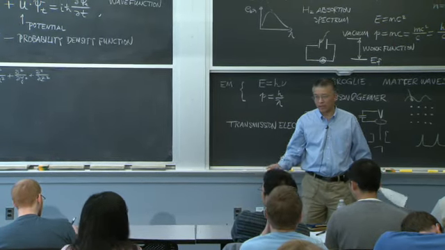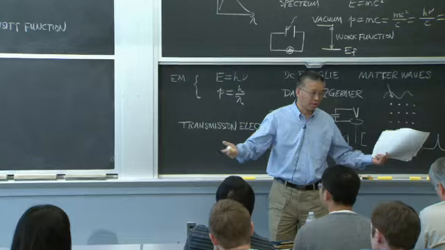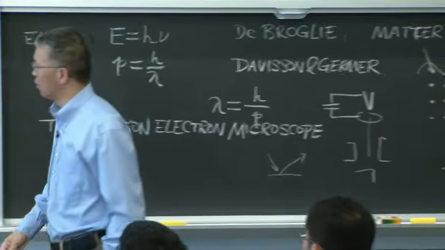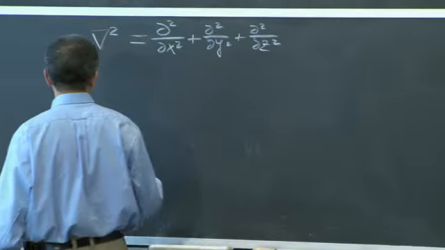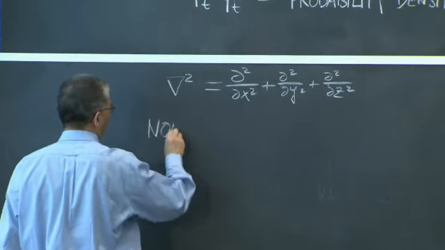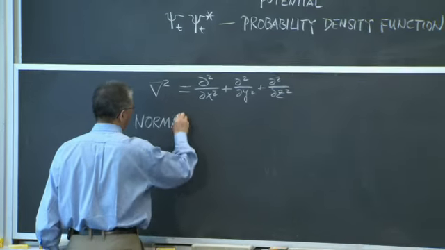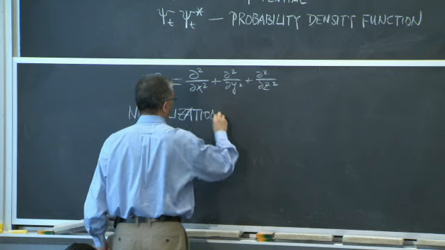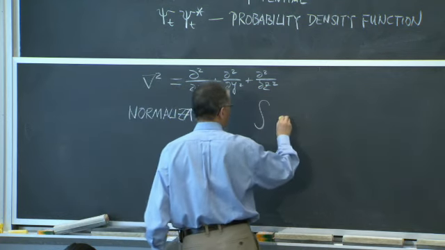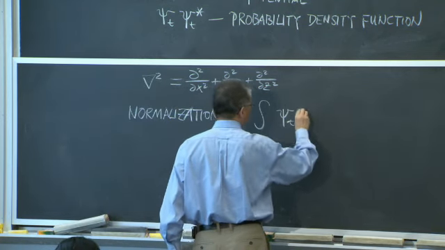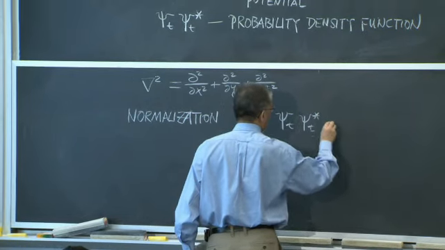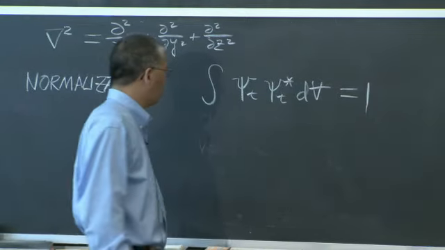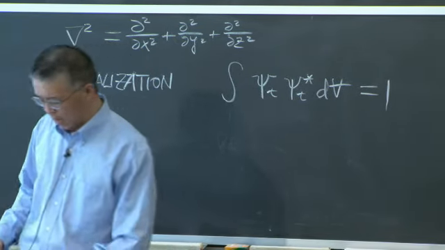And in probability, finding the particle in the space you consider is 1, right? So the normalization for this probability is the wave function integrated over the whole domain that you consider should be 1.